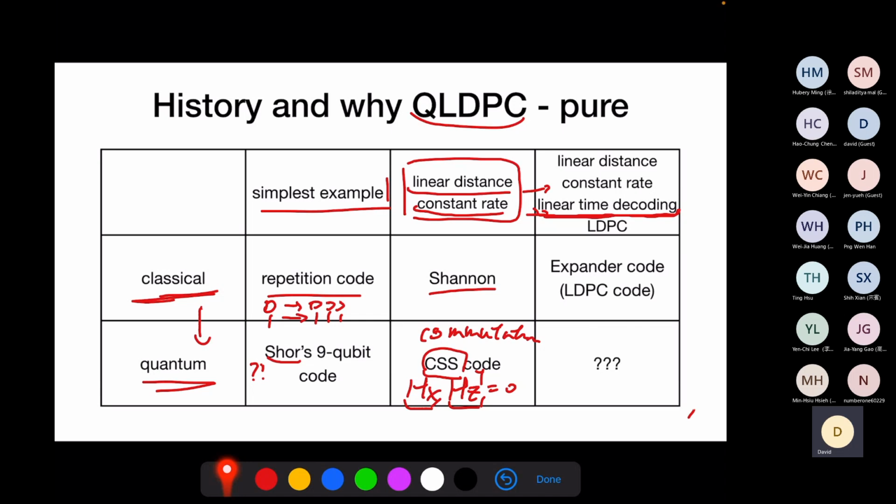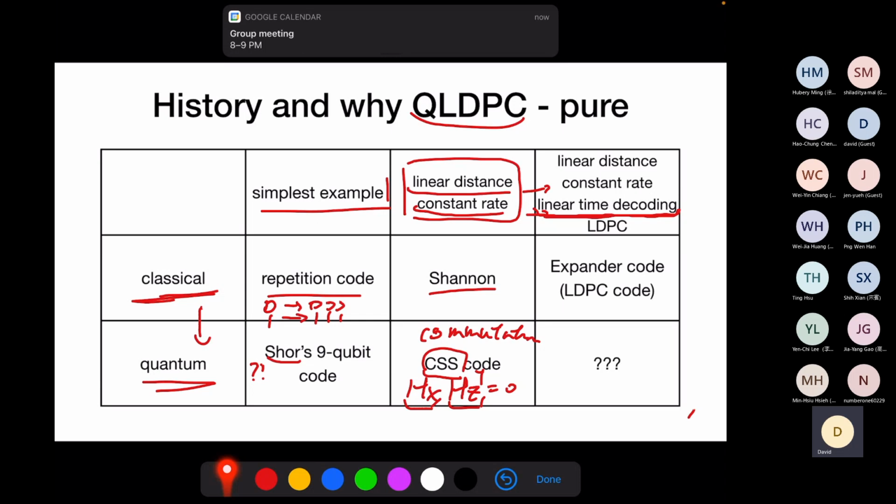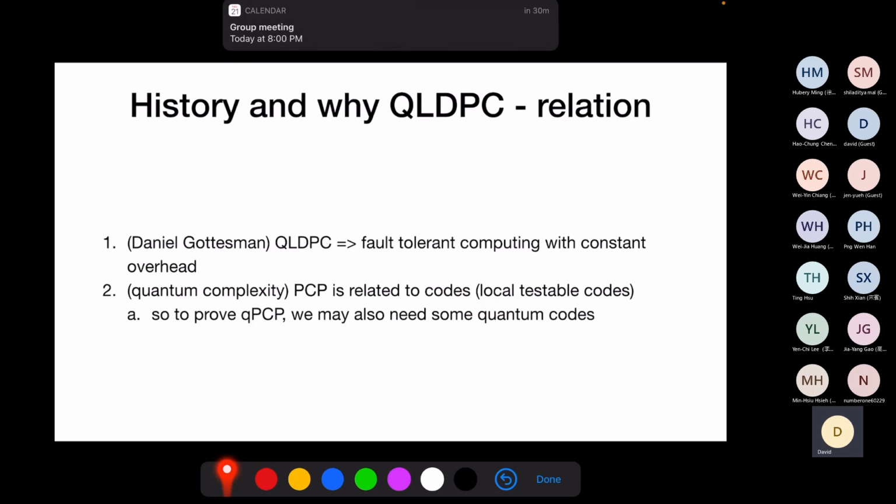That was the motivation for developing LDPC codes, and they have linear time decoding. So a natural question is, can we generalize to the quantum setting? Can we have a quantum LDPC code? If they exist, they probably also have linear time decoding, which is pretty nice.